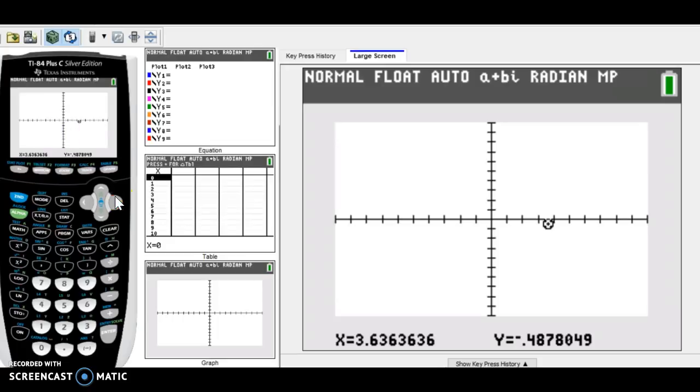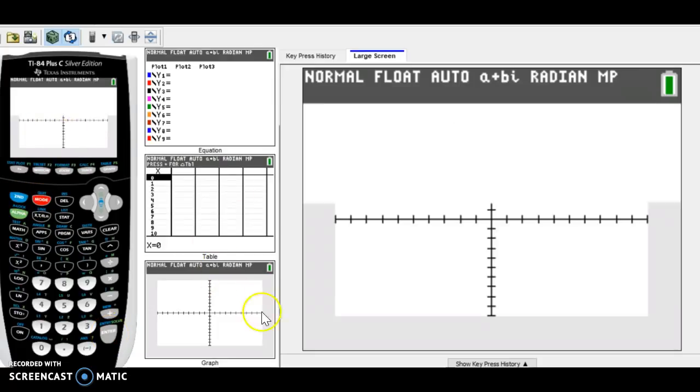Then I'm going to go up because I want all of it to be in my first quadrant. So I'm going to move up for a bit, counting to 3. Okay, so I've got 2 long decimal numbers for x and y. I hit enter, and that stores that in the calculator for my x and my y value for me.